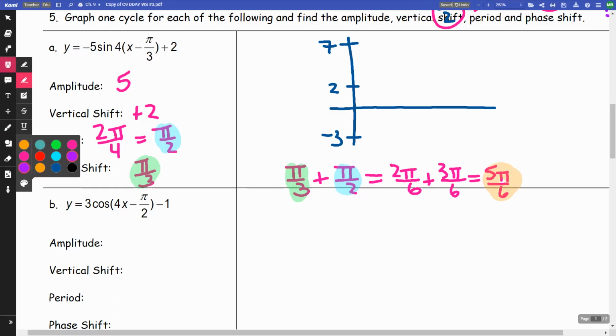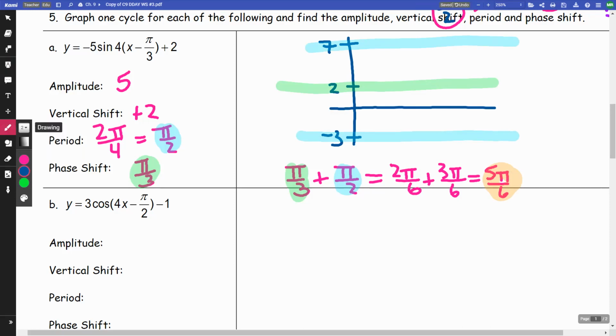This is my vertical shift. This is my low and high. Now, I saw that we are going to start at pi thirds. That's 1, 2, 3, 4, 5. And I'm going to end at 5 pi 6.